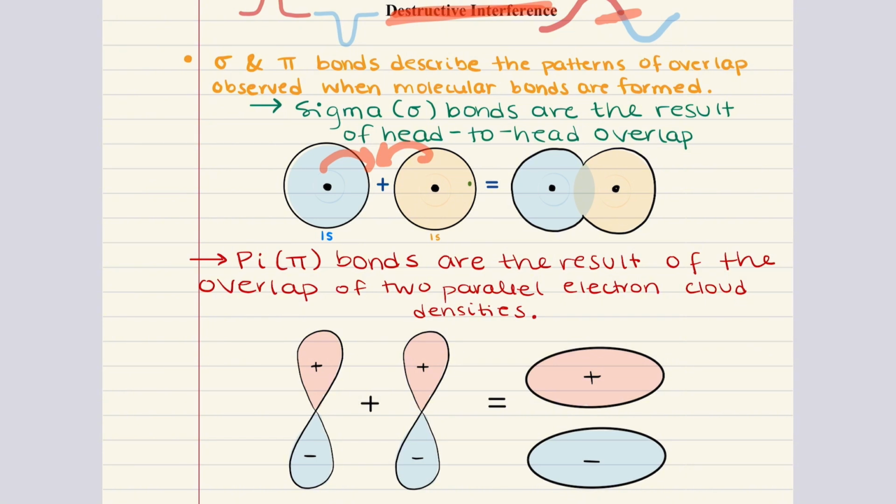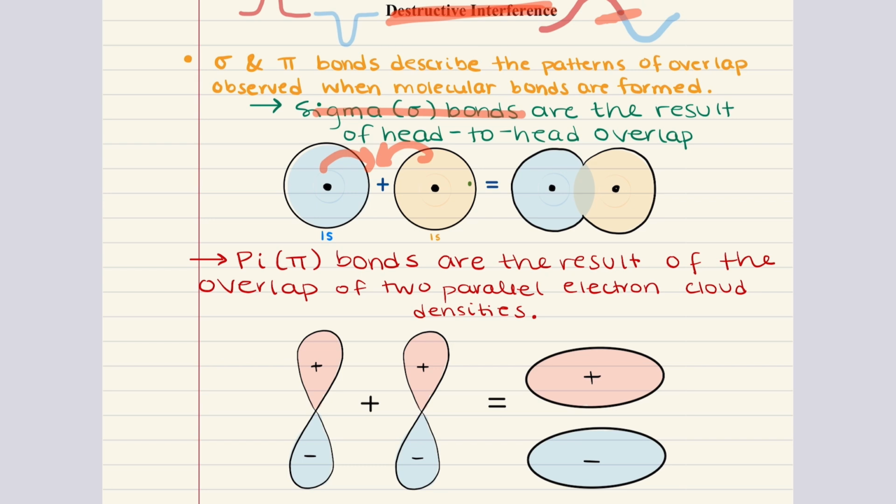And there are 2 main patterns of overlap that we want to talk about in this course that are observed in the formation of molecular bonds. When orbitals overlap head to head, a sigma bond is formed. A sigma bond allows for free rotation about its axis because the electron density of the bonding orbital is a single linear accumulation between the atomic nuclei.